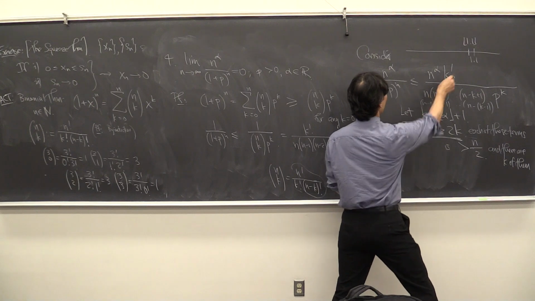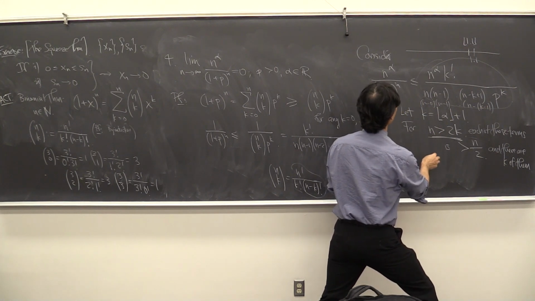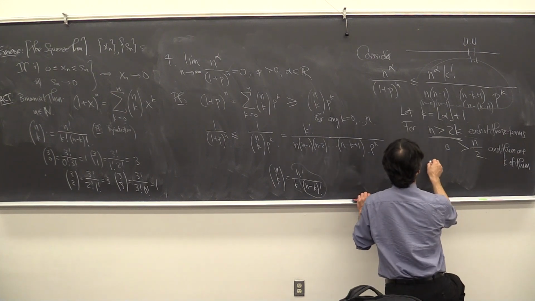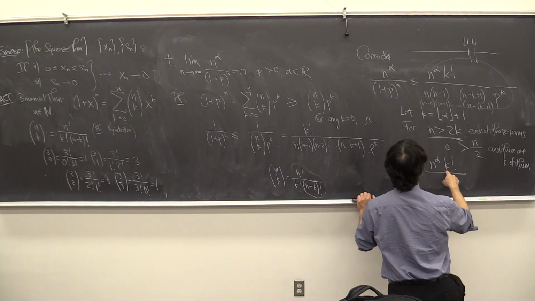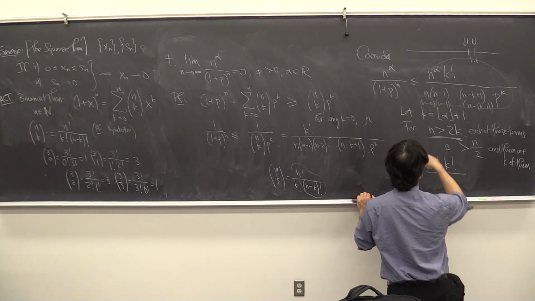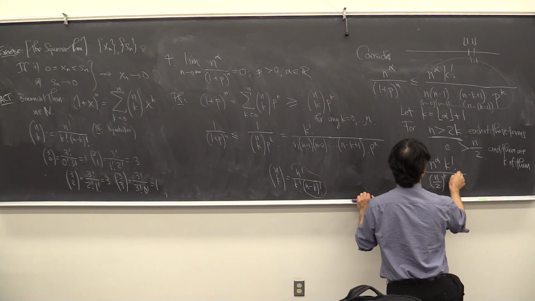So that means that this whole thing is smaller than n to the alpha, k factorial over n over 2 to the k, p to the k.